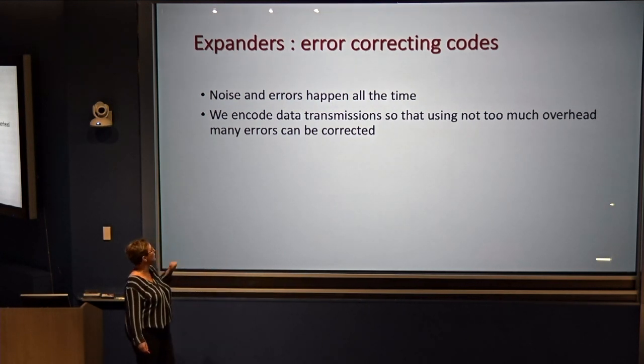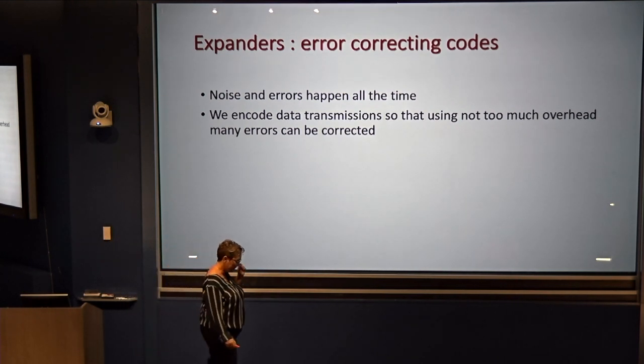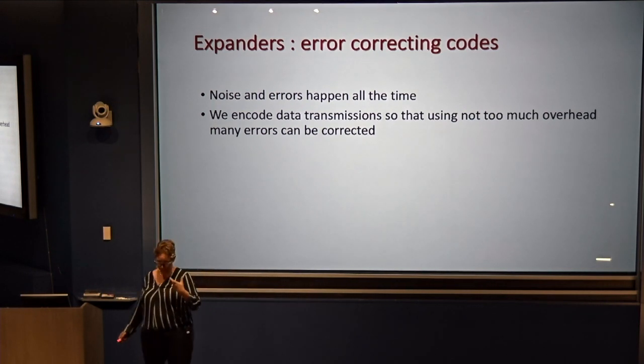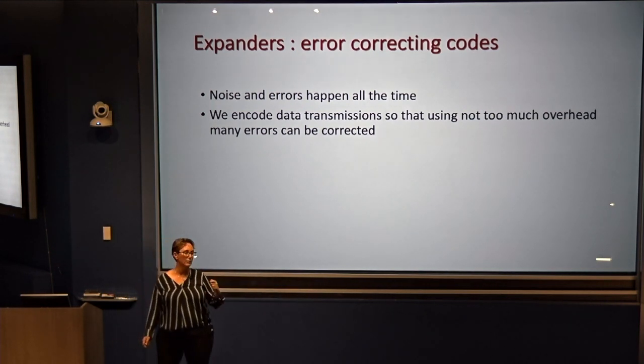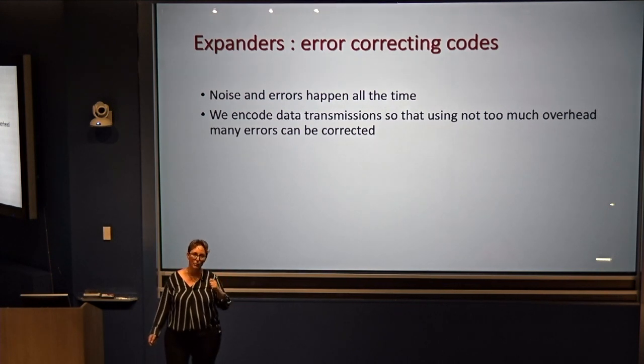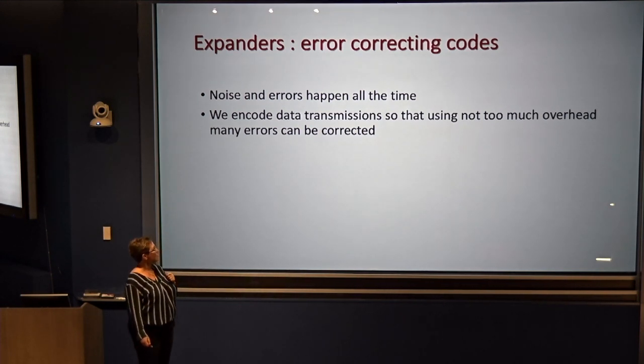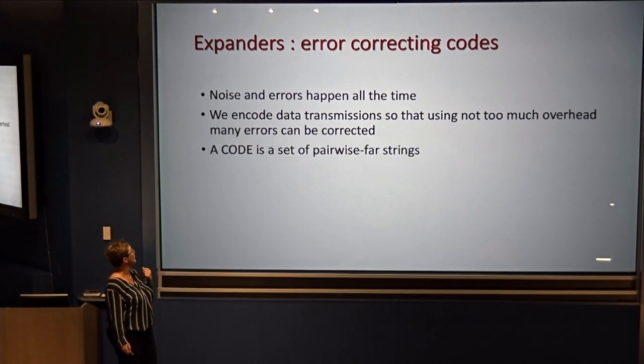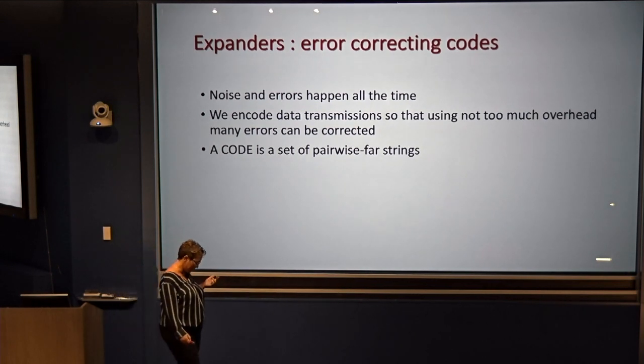There are much more clever error-correcting codes that will only use a very tiny overhead. To transmit 1,000 bits of actual message, you will only need to spend another 10 or 20 extra bits. That's the kind of error correction that is considered much more feasible in real life. So what is a code?